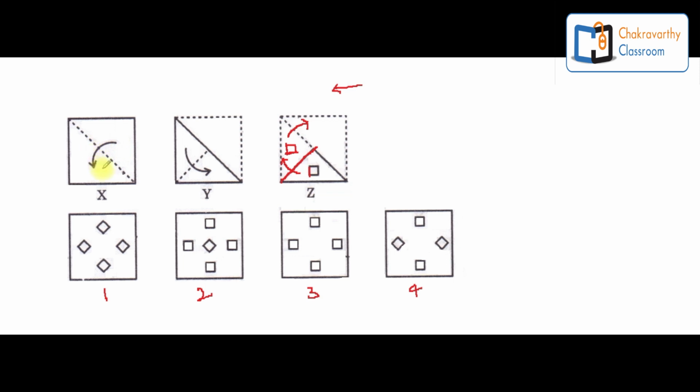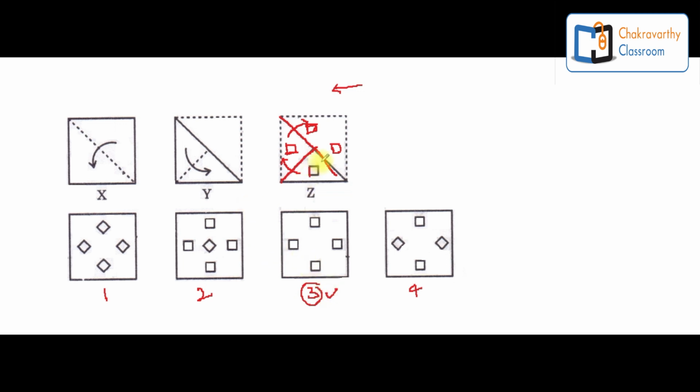Because it went from here to here. All right. When it is from here to here, these two now, this will become the mirror. When it is the mirror, here, see, this will be here somewhere and it will be here. All are squares only. For that reason, option number 3 is the perfect one.